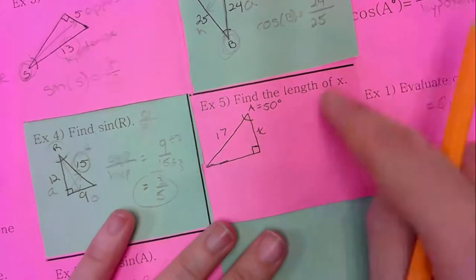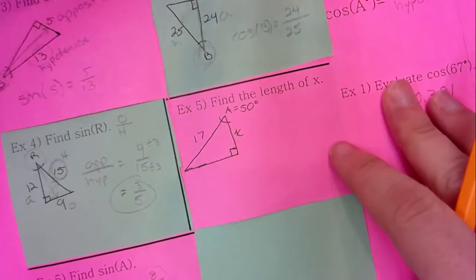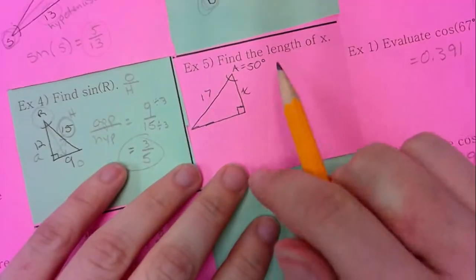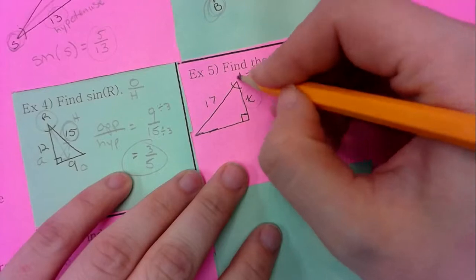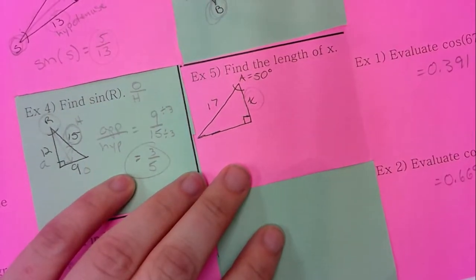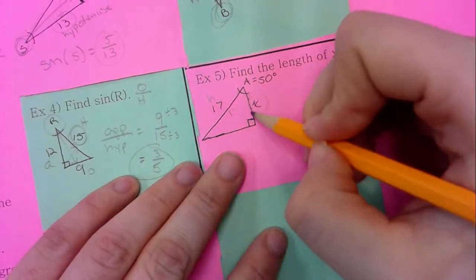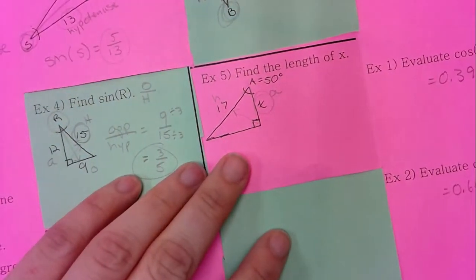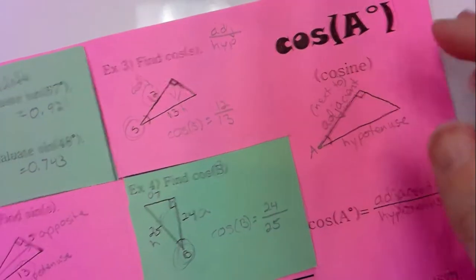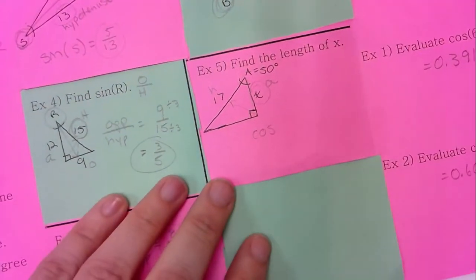Okay, so now we're going to try a little bit of a harder type of problem. A little bit harder, not too much harder. Find the length of x. So I've got this triangle, I've got an angle, and it looks like the hypotenuse and the side adjacent to angle A. So when I see adjacent and hypotenuse, I need to think cosine.